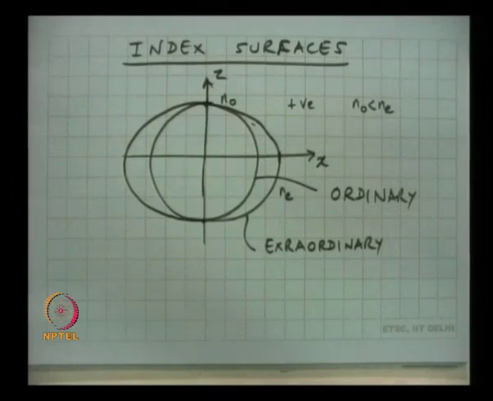Because of symmetry in the x and y directions, the index surface can be obtained by revolving this curve around the z axis. So, you will get a sphere for the index surface of the ordinary wave, and you will get an ellipsoid of revolution for the index surface of the extraordinary wave. These are the intersections of these two surfaces with the xz plane.